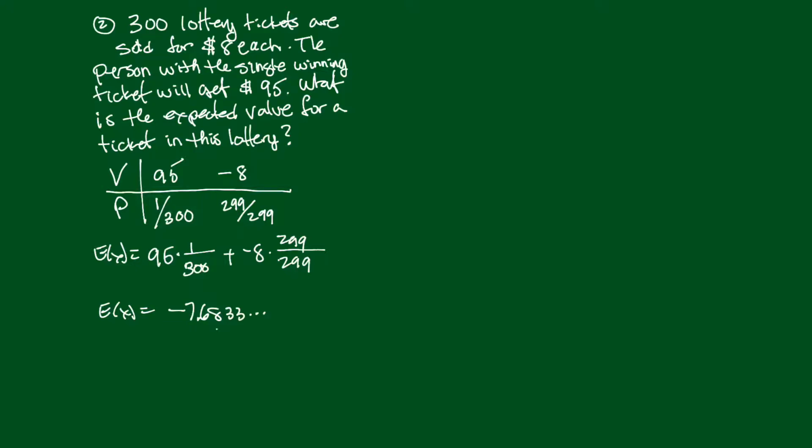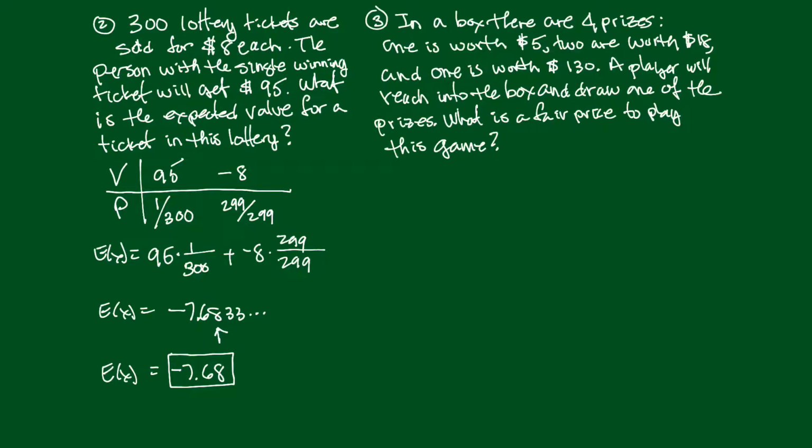But since it's money, I'm going to round right to there. So the expected value is -7.68. Meaning that if you play this game, every time you buy a ticket, you expect to lose $7.68.